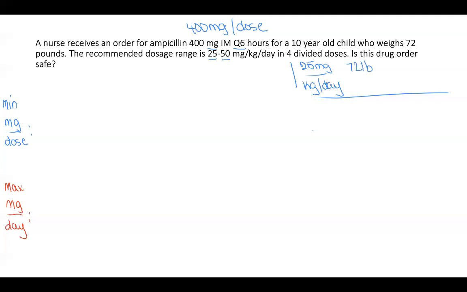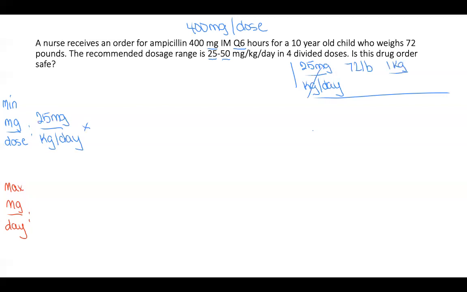All right, and then let's start plugging in. We know we're going to need other information, but the problem will tell us when we need that. So we're going to start plugging it in, starting with milligrams, because that's what we're looking for. So 25 milligrams over kilograms per day. The problem says now you have kilograms on the bottom, you need kilograms on the top.